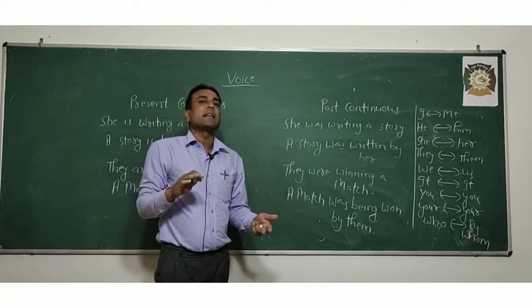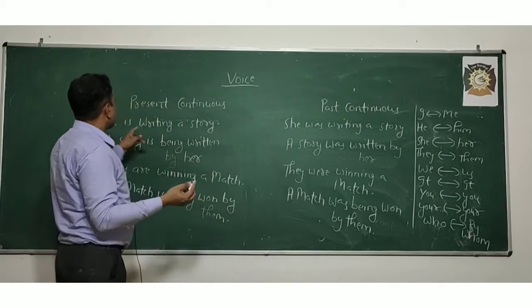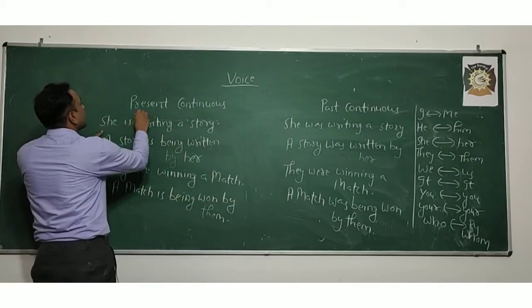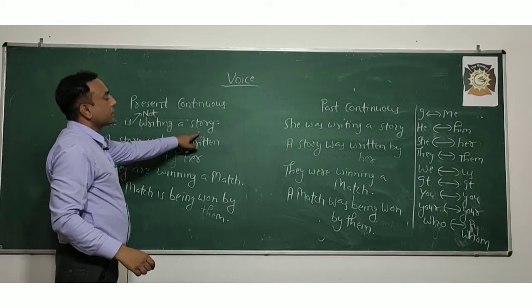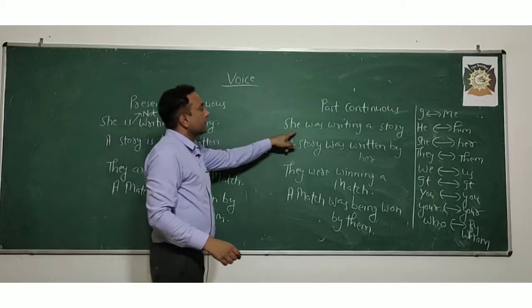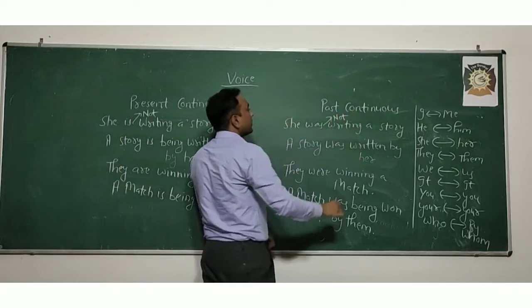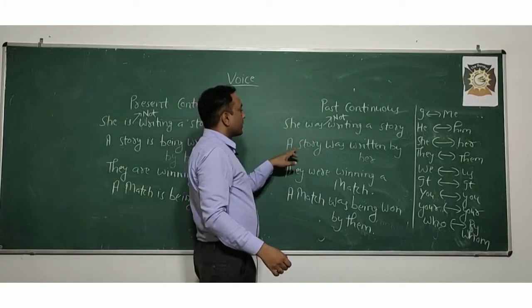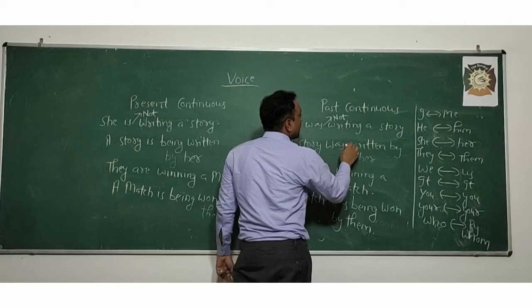If you have to change negative sentences, then how will you change them? A very simple way: we will add not. She is not writing a story, then she was not. You just have to add not after was and were. A story was not. I have not written being here.